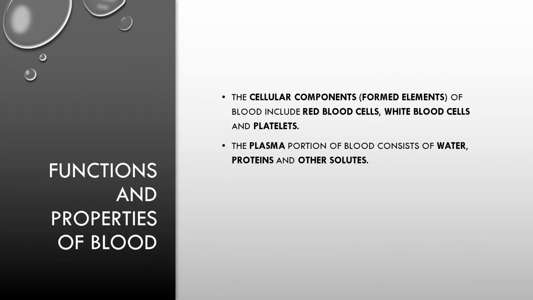Now, whole blood has two components. Plasma, which is a watery liquid extracellular matrix that contains dissolved substances, and formed elements. So these are going to be the two elements of blood. Plasma and formed elements.